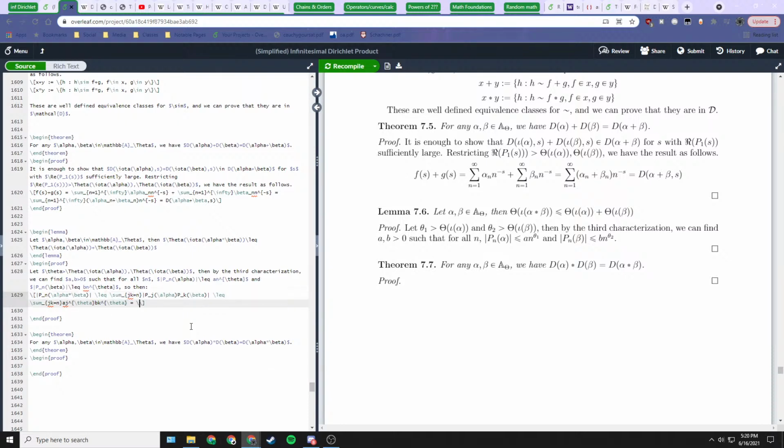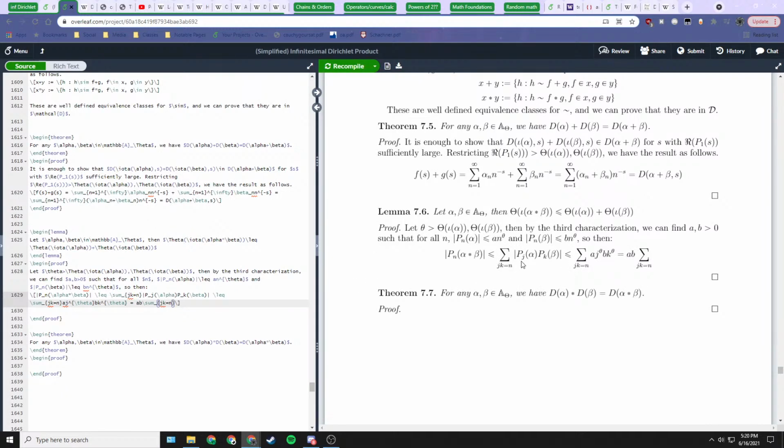Okay, but then this is just equal to, so we have the sum over JK equals n. We have A times B we can factor out. We have J to the theta and K to the theta. Let me render all this real quick. Okay, right down here. So you have J to the theta and K to the theta, J times K equals n. So this is just n to the power of theta.